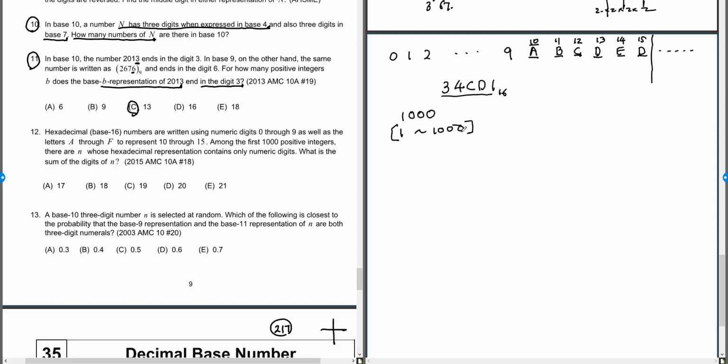What is the sum of all digits of those n numbers whose hexadecimal contains only numeric digits?